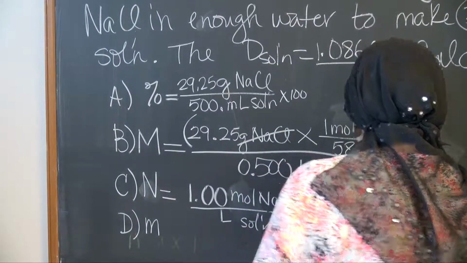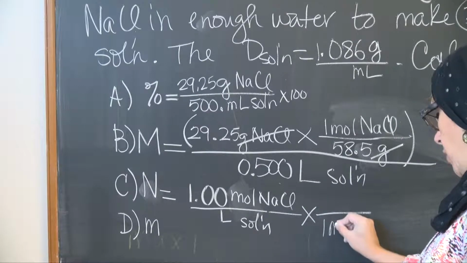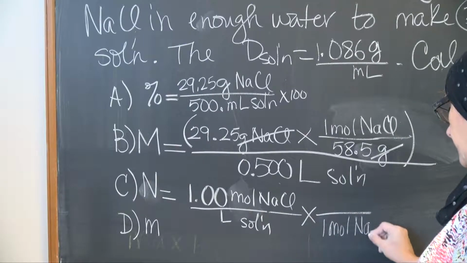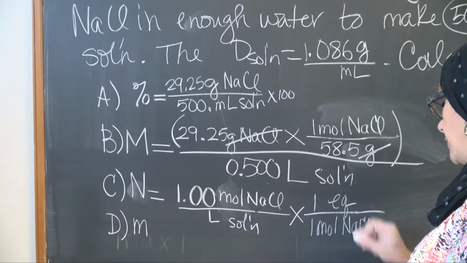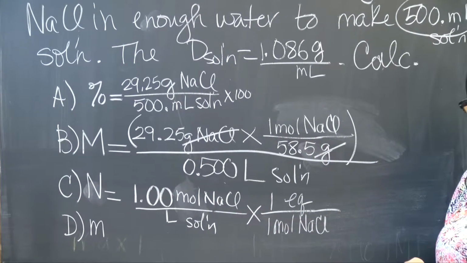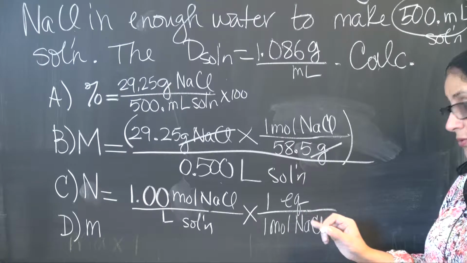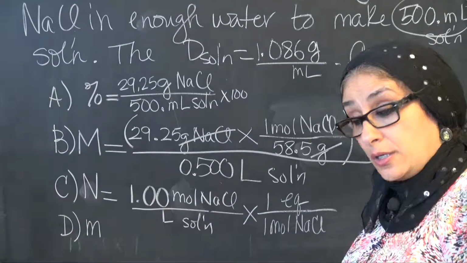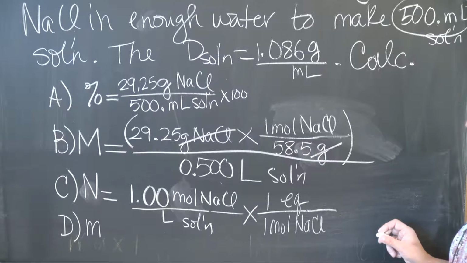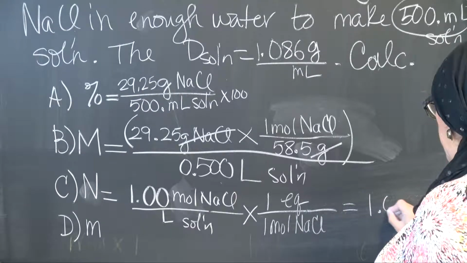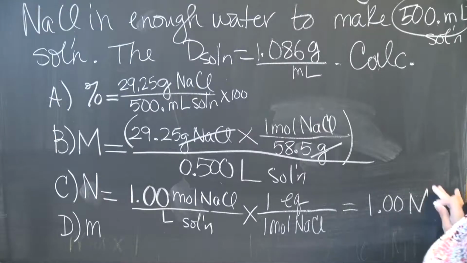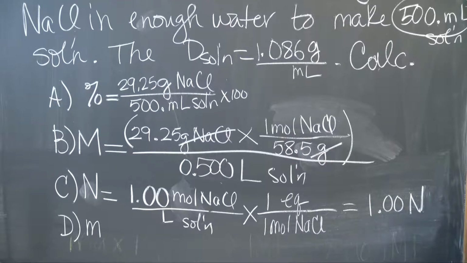So for each mole, 1 mole of sodium chloride is 1 equivalent. Because there's a +1, there's 1 mole of charge on the cation. So the normality is the same as the molarity here. And we would say 1.00 normal.